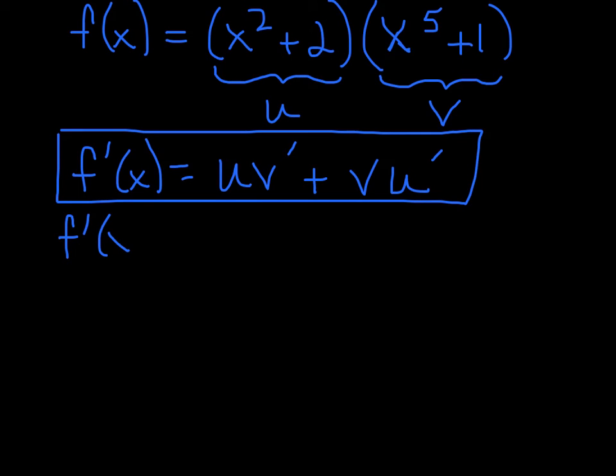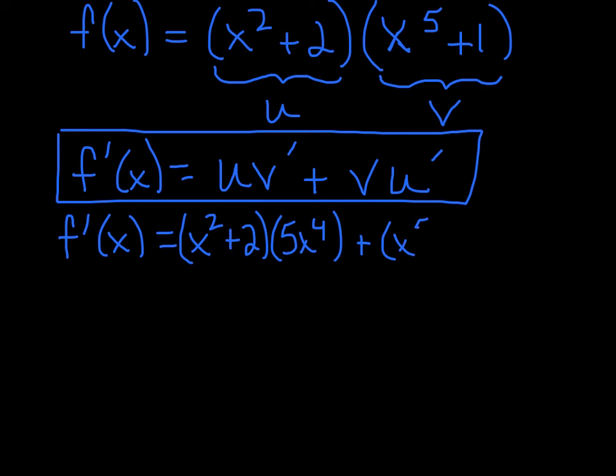So we're going to take that problem all the way up at the top there, and we're going to do x squared plus 2. We're going to multiply it by 5x to the fourth, then plus x to the fifth plus 1, and we're going to multiply that by 2x. There we go.